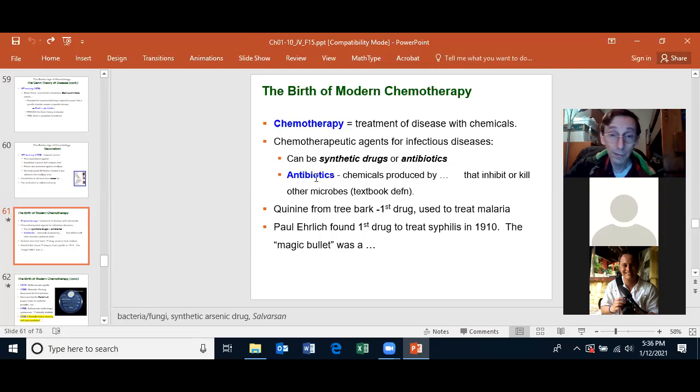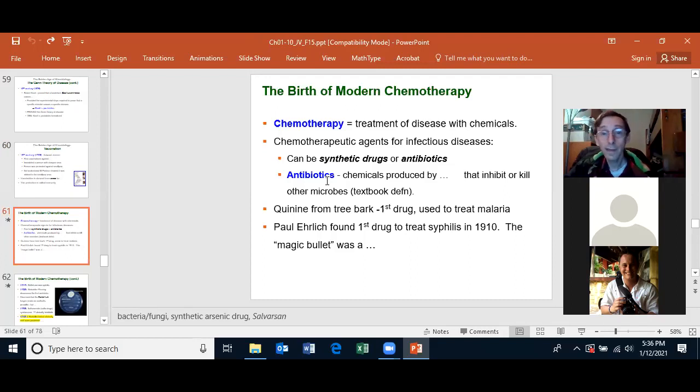And I will use the term antibiotic as it is used in common usage, because that is the way most clinics and most doctors use the term. All right? Any question about that?